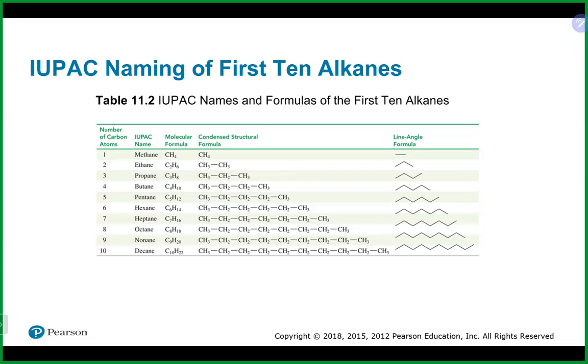So you really want to understand these names, how many carbons go with each, and the formulas. Everything else that's named along the way is just a slight tweak of those names, and that's how you get to the name you're looking for. So let's go through each of these here.